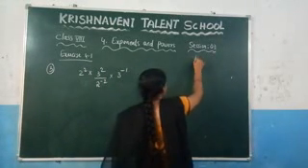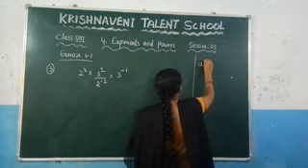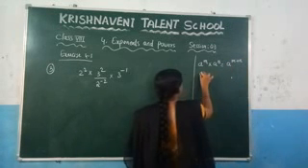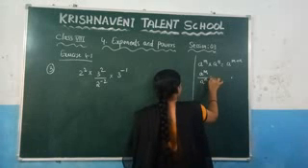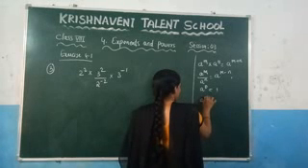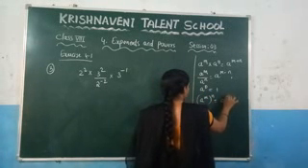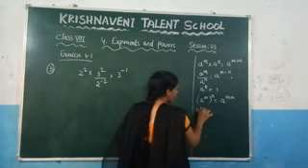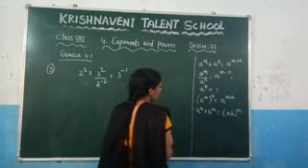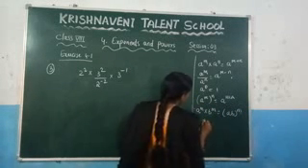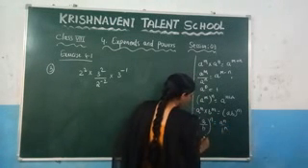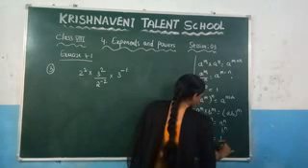You know the laws of exponents: a power m into a power n is a power m plus n, a power m by a power n is a power m minus n, a power 0 is equal to 1, a power m whole power n is nothing but a power mn, a power m into b power m is nothing but ab whole power m, a by b whole power m is nothing but a power m by b power m, and a power minus n is nothing but 1 by a power n.